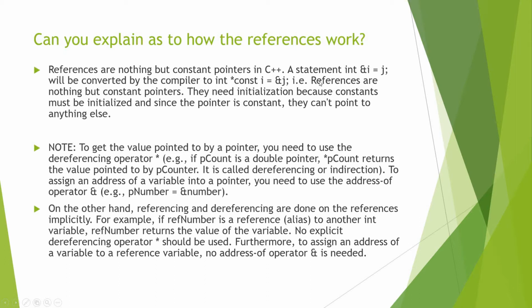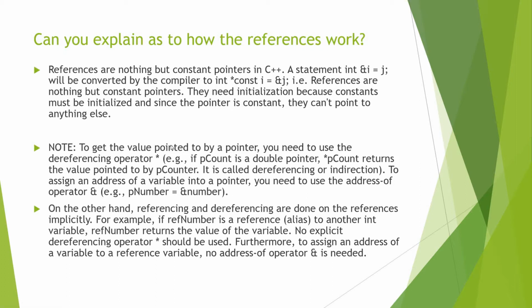That is, references are nothing but constant pointers. Constant pointers are pointers that are assigned at declaration and never change their value. They can't be assigned or initialized to another memory location. They need initialization because constants must be initialized, and since the pointer is constant, it can't point to anything else.